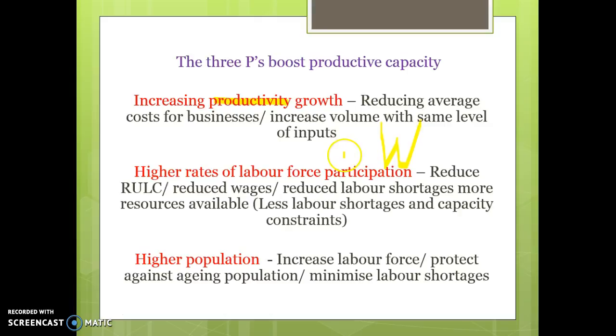Higher rates of labour force participation is about boosting competition and reducing wage pressures, which makes businesses more willing to supply because their production costs are down, getting rid of labour or skill shortages, and limiting capacity constraints in the economy by having more access to resources. And a higher population will eventually flow into a higher labour force and protect us against an ageing population by minimising labour shortages.